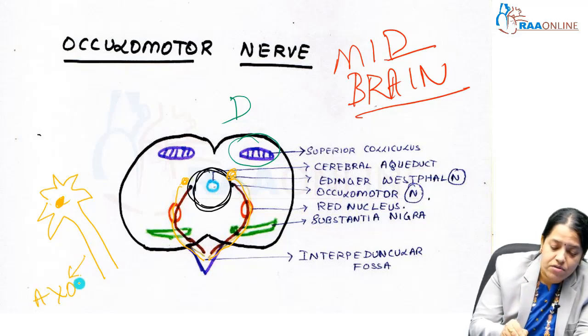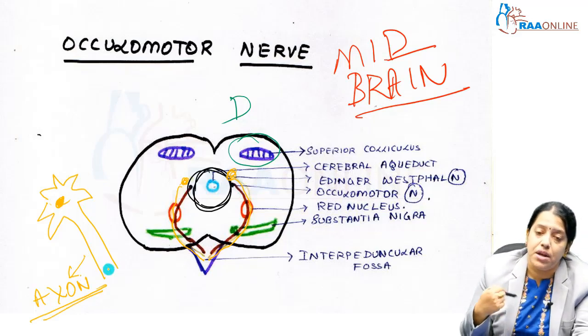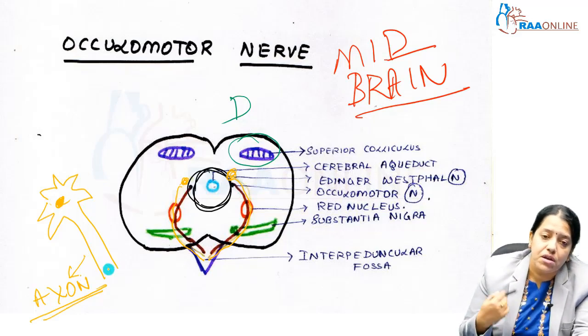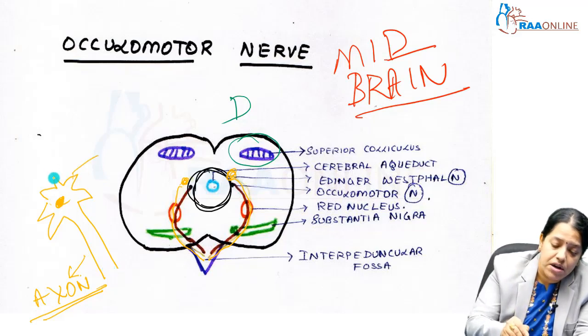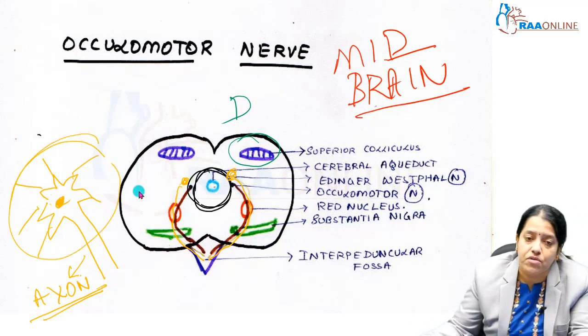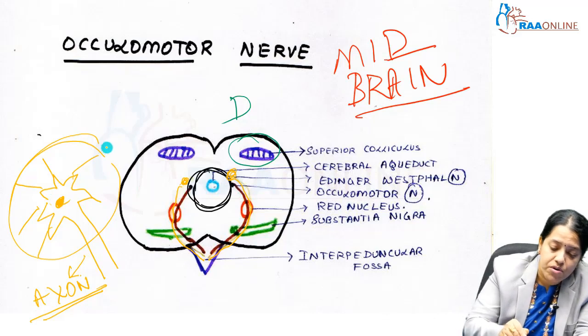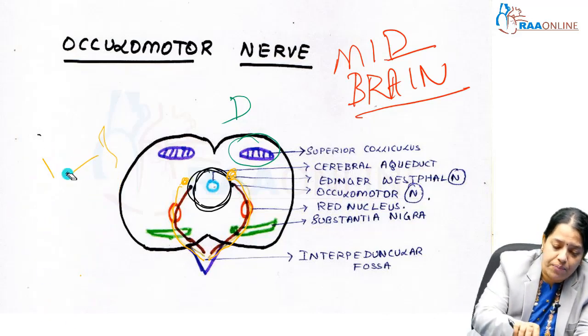Axons are going to form the white matter or the tracts or the lemnisci. Whereas these are the dendrites which are present here, and this group of cell bodies, the cell bodies of neurons. So multiple cell bodies together in the central nervous system is called a nuclei.